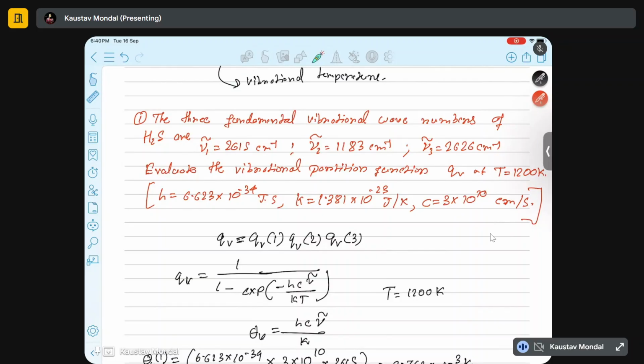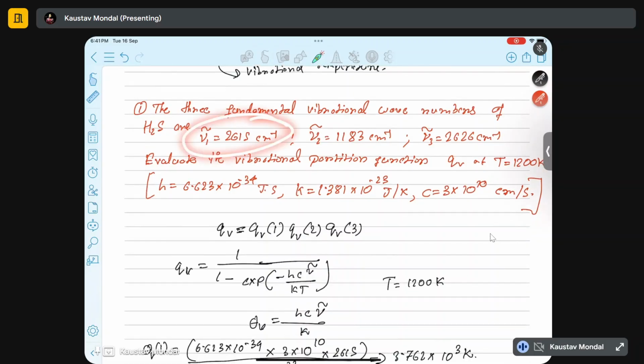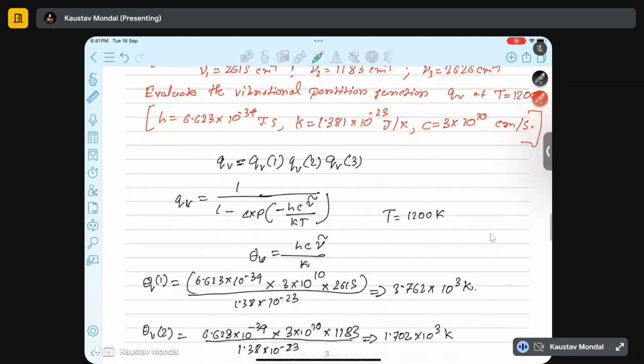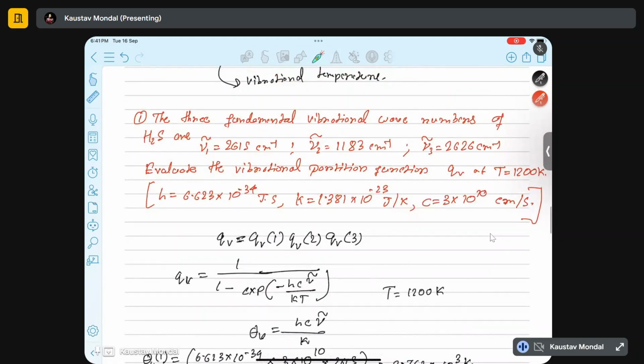let me repeat it. So in the problem, for a molecule H2S, this specific molecule, three fundamental vibrational modes are given. This can be measured in experiments. These are the vibrational wave numbers given, nu1, nu2 and nu3. So as there are three vibrational modes, the total vibrational partition function will be simply the multiplication of the three partition functions QV1, QV2 and QV3, right?